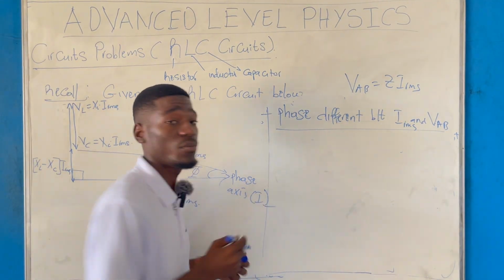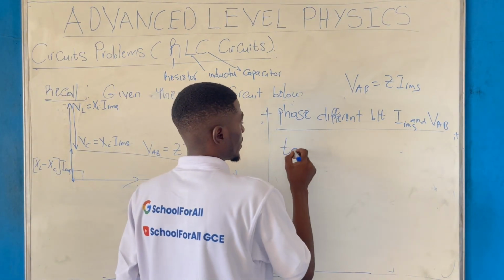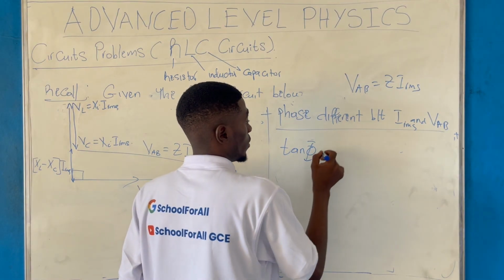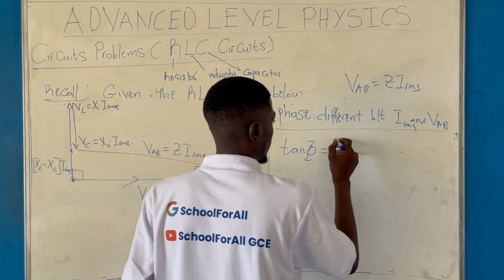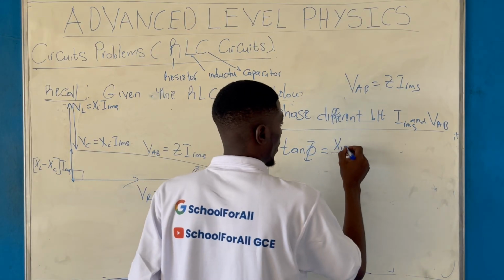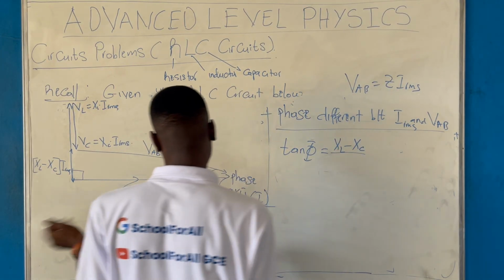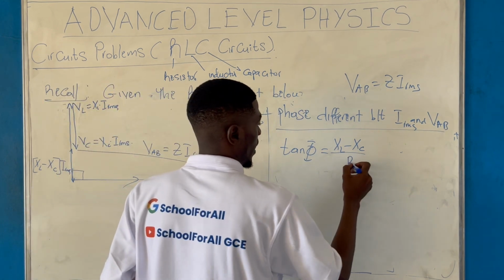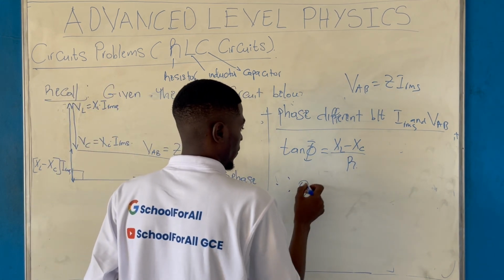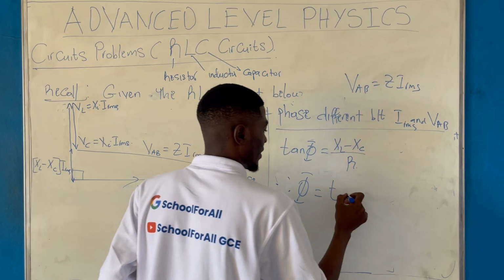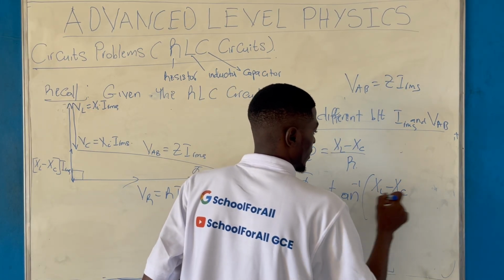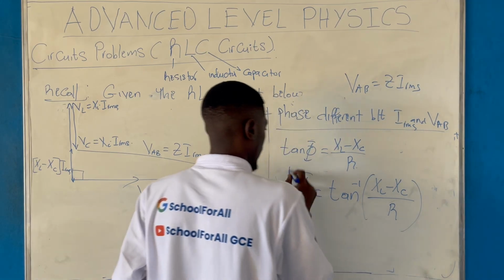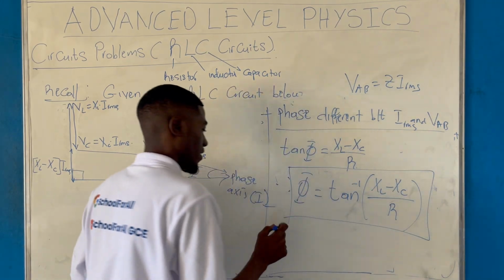Therefore, I will use which trigonometric ratio? Tan. So it means that tan phi is simply equal to opposite over adjacent. Opposite will be XL minus XC, divided by R. So therefore, the phase difference is simply equal to tan inverse of XL minus XC divided by R. That is the phase difference of the circuit.